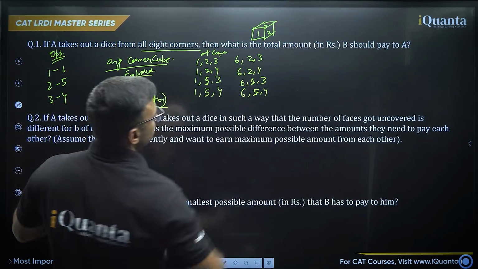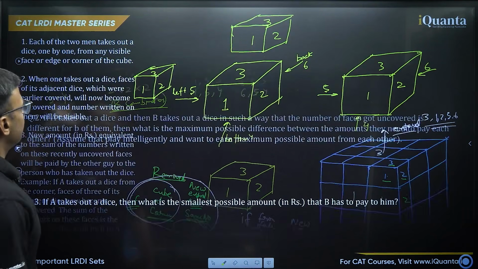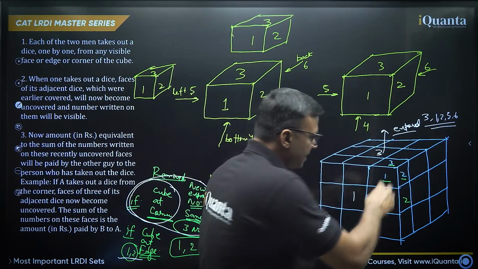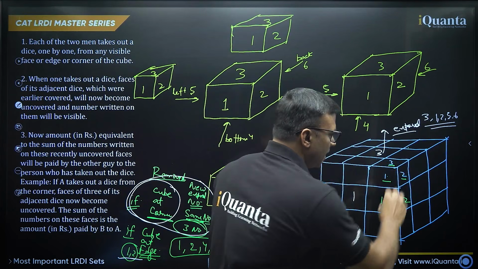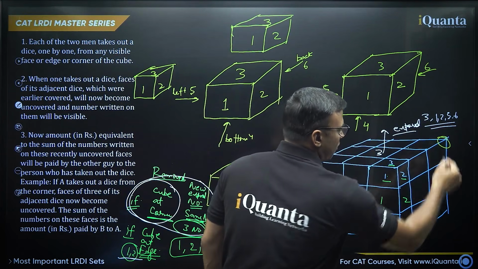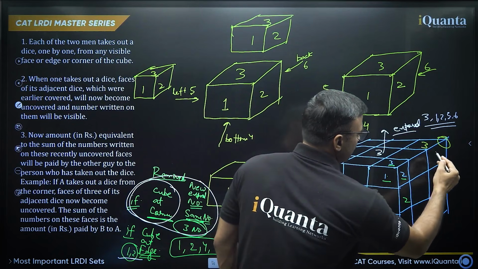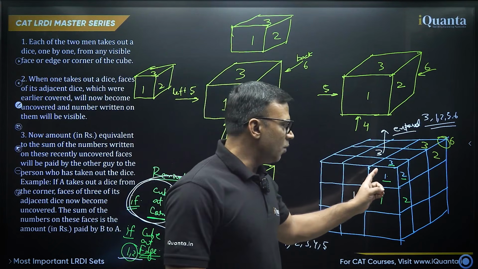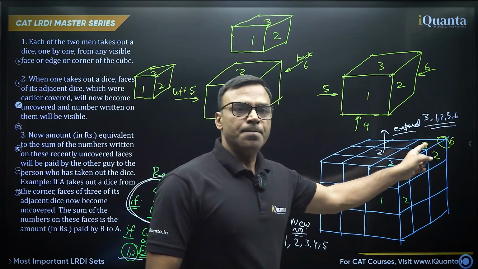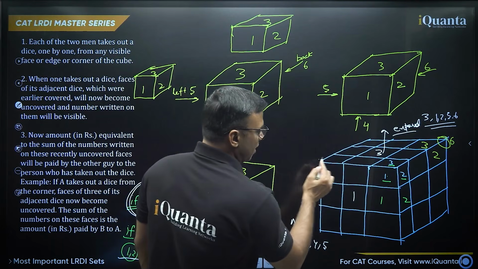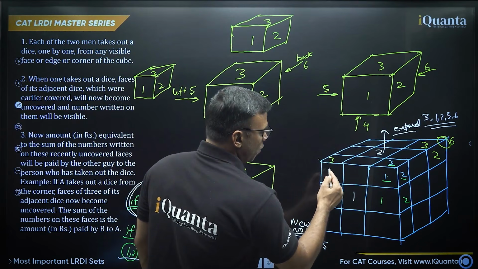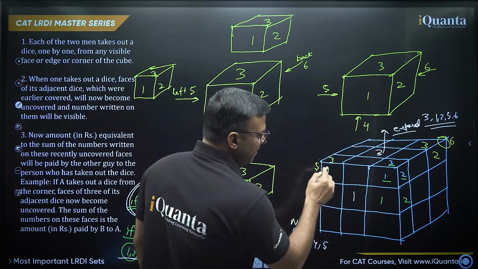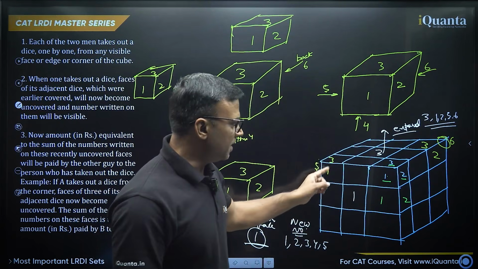I'll go back to that. You see, for this cube, 1, 2, 3 is visible, but the cube which is exactly at this point, you see 3 will be visible here, 2 will be visible here, the backside will be 6. So the combination is 1, 2, 3 and 6, 2, 3, right? Similarly, this corner, 3 will be visible, 1 will be visible, and this side will be 5. So 1, 3, 5.